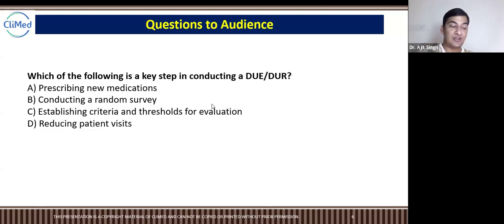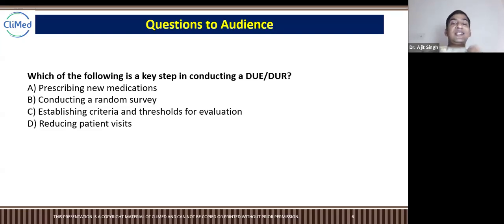Why B or C? Yes, finding a threshold of the drug is important. Many people are writing B. Okay, let me discuss all the answers.